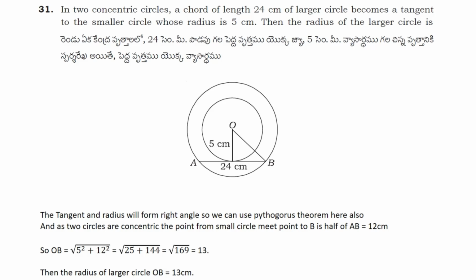As two circles are concentric, the point from the small circle's center to the midpoint of the chord gives half of AB equal to 12 centimeters, 24 by 2 is 12. So OB equal to root of 5 square plus 12 square, means root of 169, that is 13. So the radius of the larger circle OB is 13 centimeters.